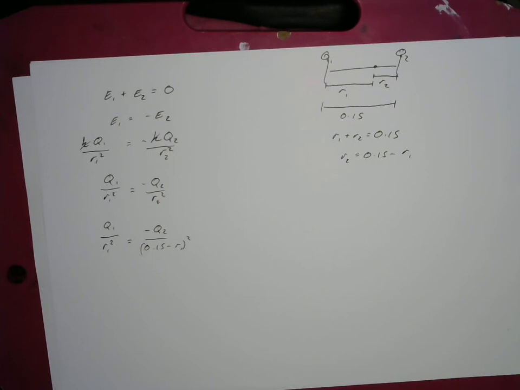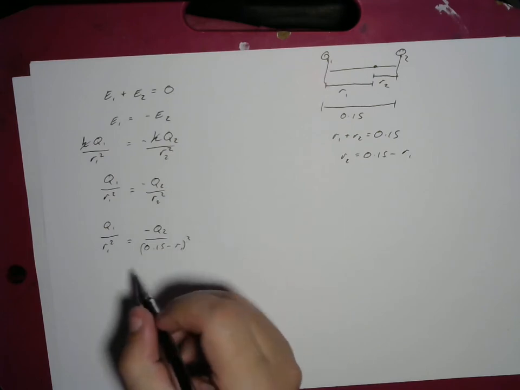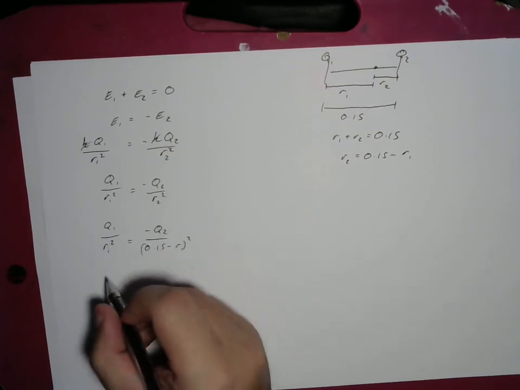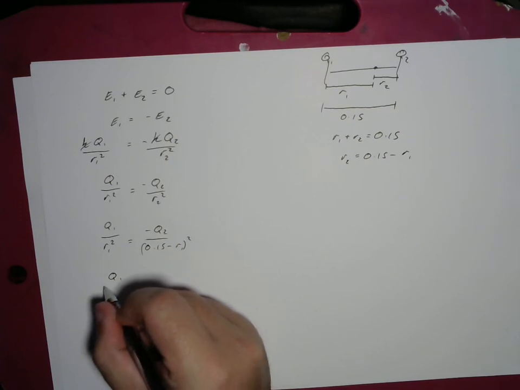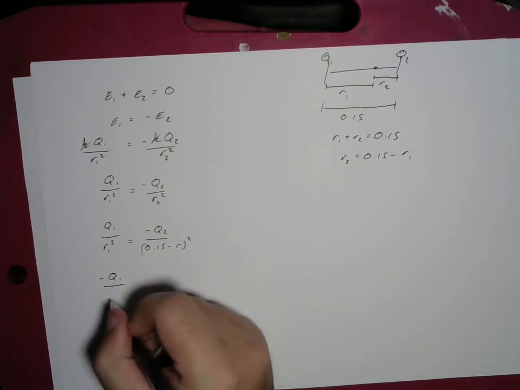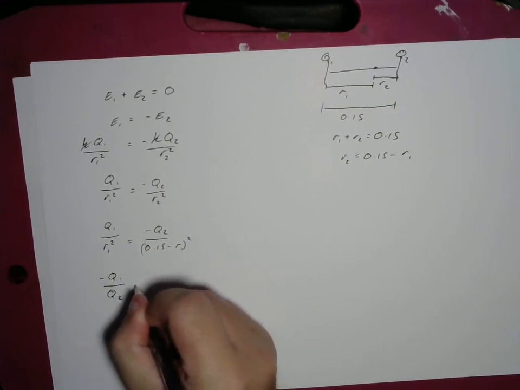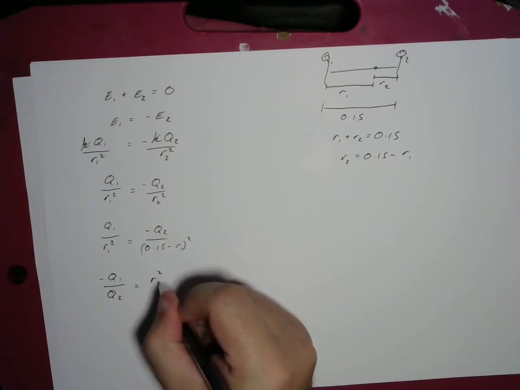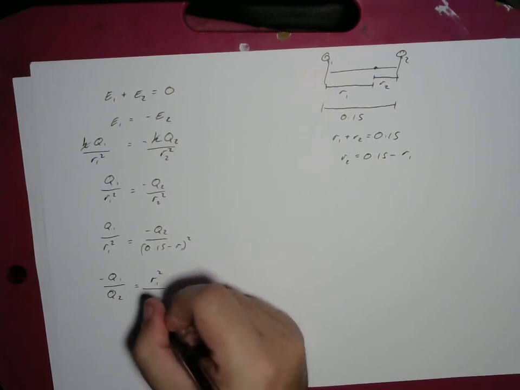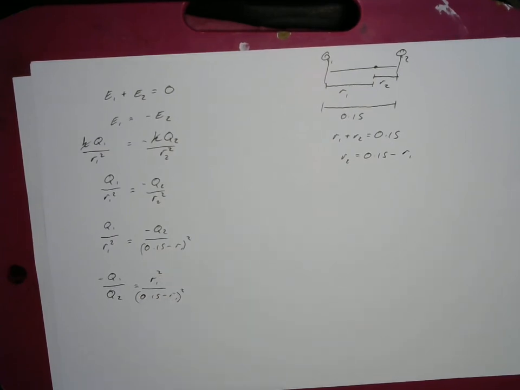Okay. It has the potential to be a nasty looking quadratic, but we'll see if we can skip that. So, let's rearrange this. Q1 and Q2 are just numbers, so we'll just leave them alone for the moment. Q1, we'll make the negative over here now, over Q2 equals R1 squared over 0.15 minus R1 squared.